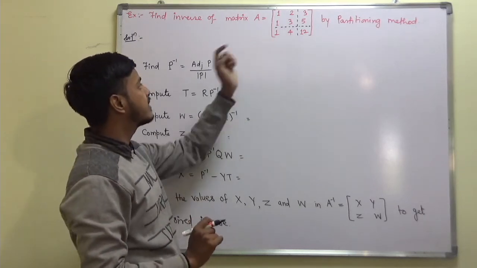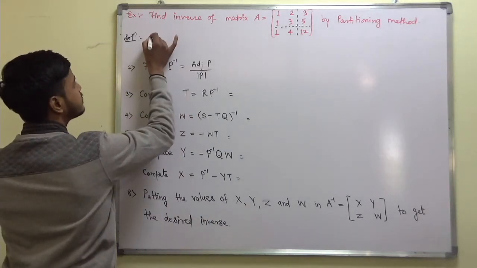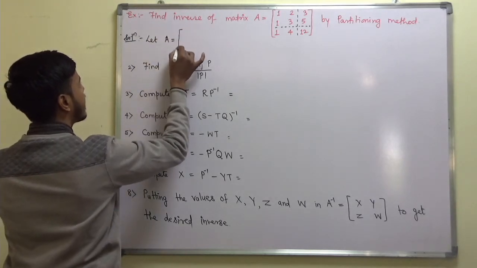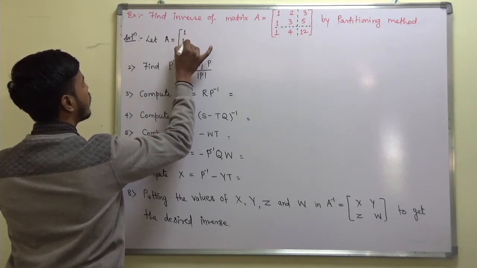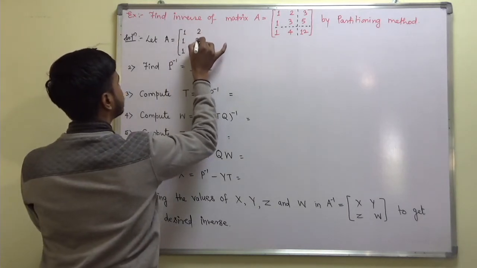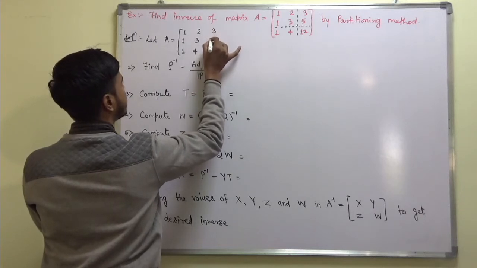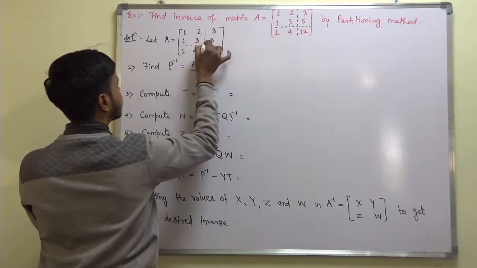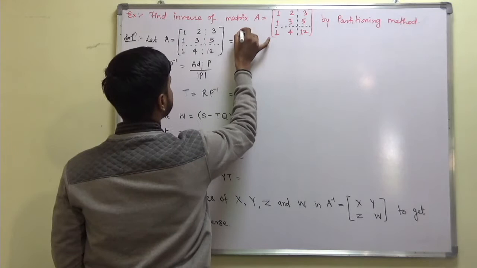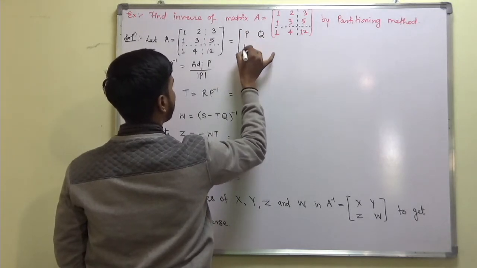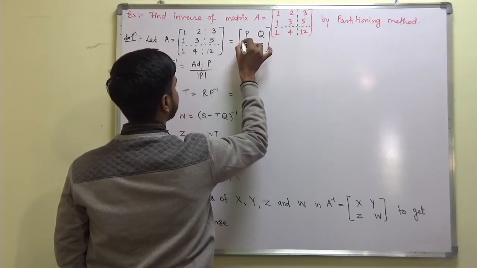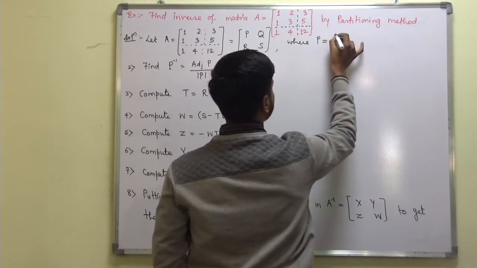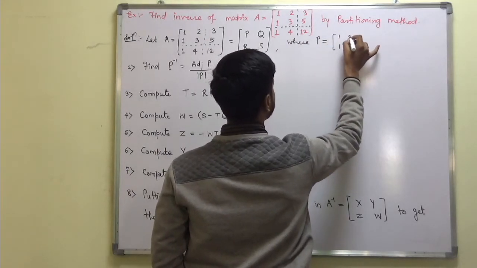Now let A be this matrix 1, 1, 1, 2, 3, 4, 3, 5, 12, which is the same as a block matrix P, Q, R, S. Where P is the matrix 1, 1, 2, 3.